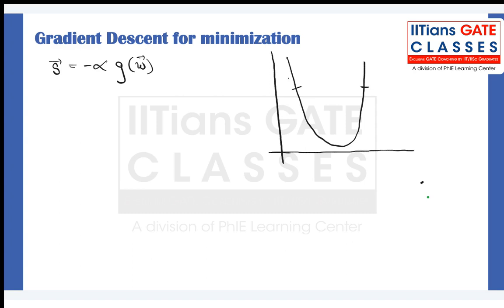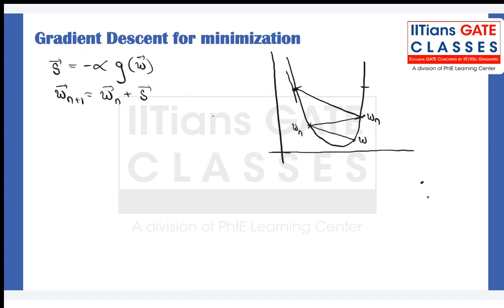So what will happen is if you don't have an alpha, or let's say the alpha is 1, then when you add the value s to your current vector w, so w of n plus 1 is nothing but whatever is the current value of w plus s. It might happen that your new w is this, which is still not the minimum. The next time when you go here, next time when you go here.